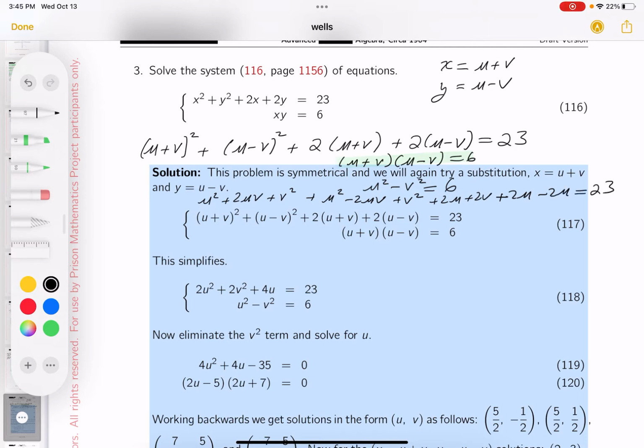I've got troubles. Well, this disappears. This disappears. But then I'm left with a bunch of things. I'm left with 2u squared, 2v squared, right? And then what do I get? I get 2v plus 2u.